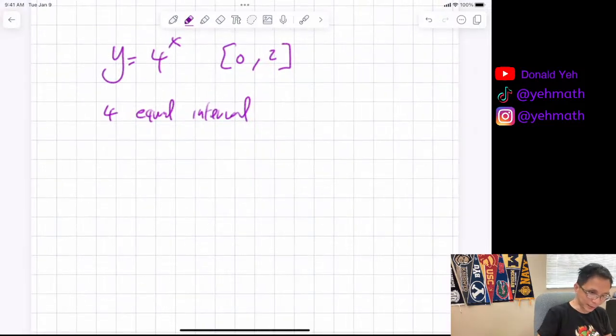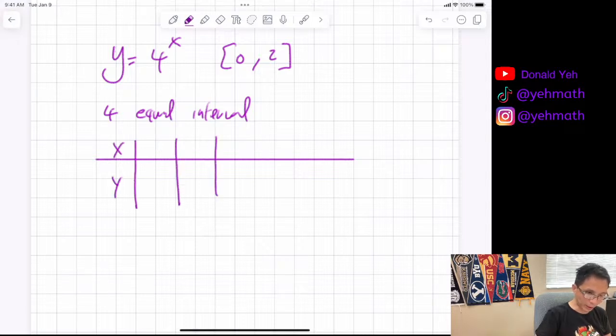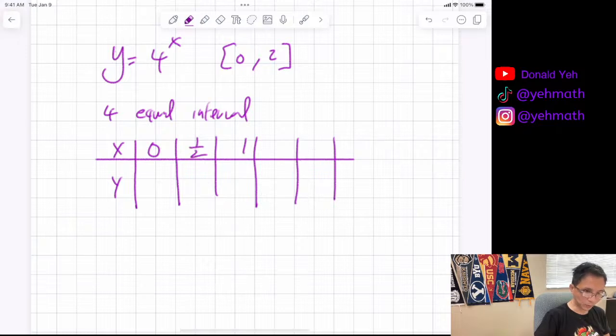So basically, you have to construct a table from that. You have to say x and y, well, they are 5 values. Why are they 5 values? Well, because you could have used right end or left end. So therefore, I'm going to start with 0, 1/2, 1, 3/2, and 2.